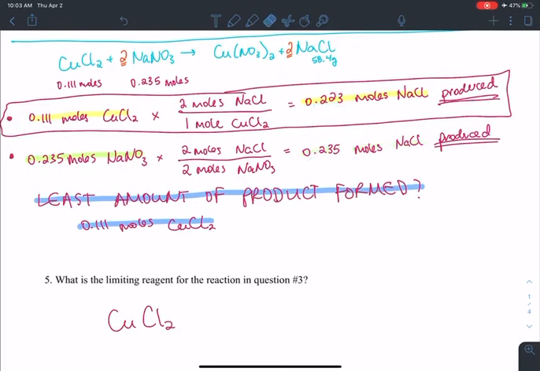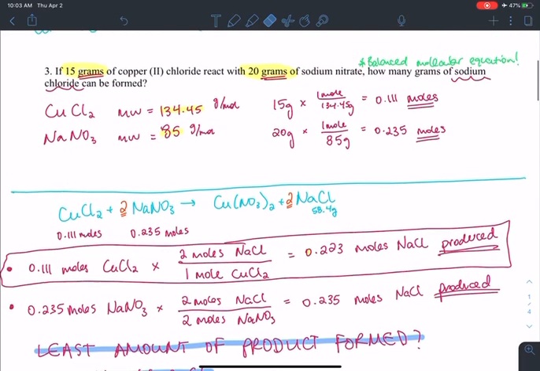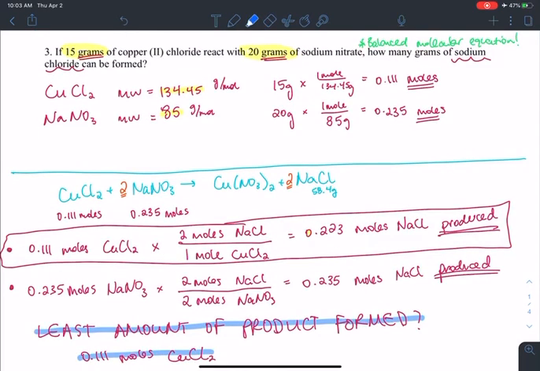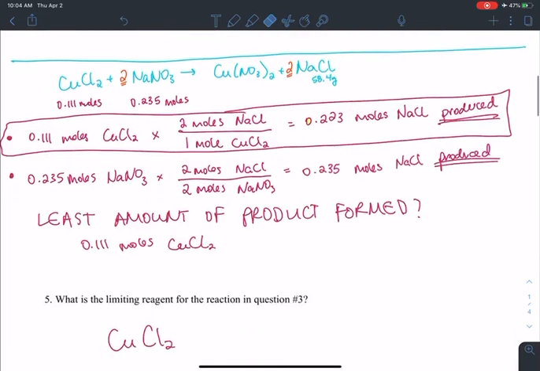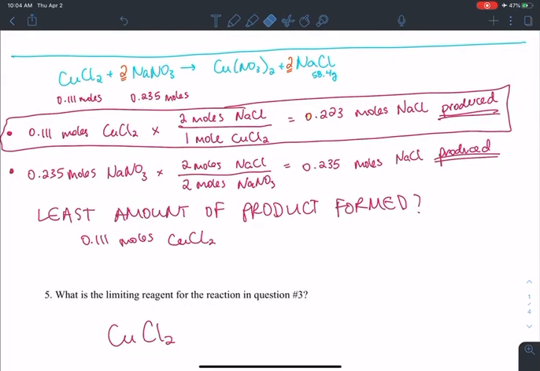Okay, so what's the question that we were just working on asking, though? It was asking for how many grams of sodium chloride can be formed. So here we were working with moles of sodium chloride. So if we know that copper chloride's the limiting reagent, then this value here is actually how many moles of sodium chloride are produced.